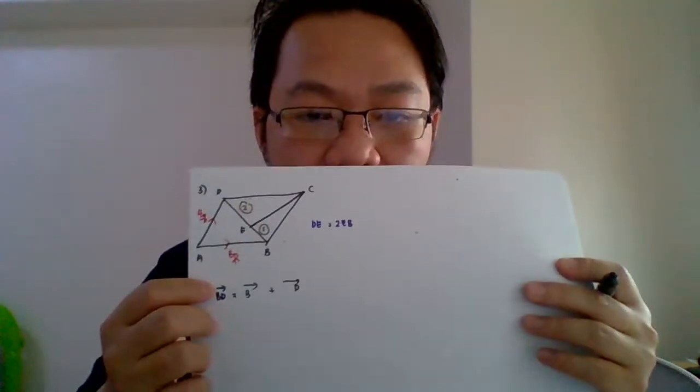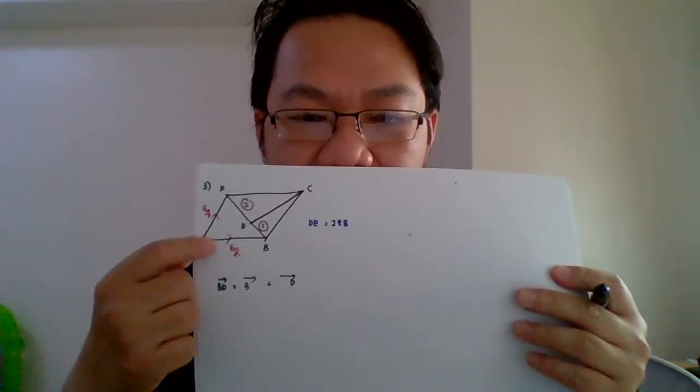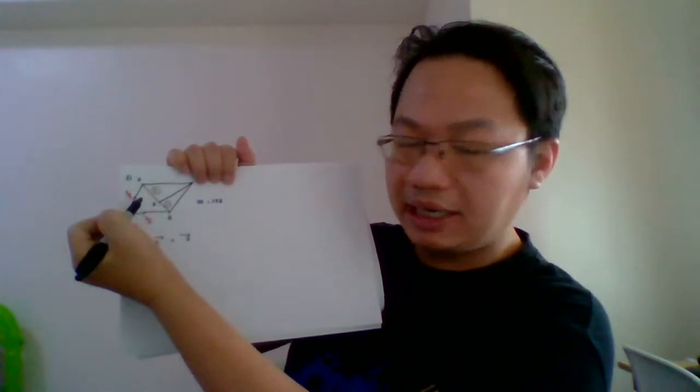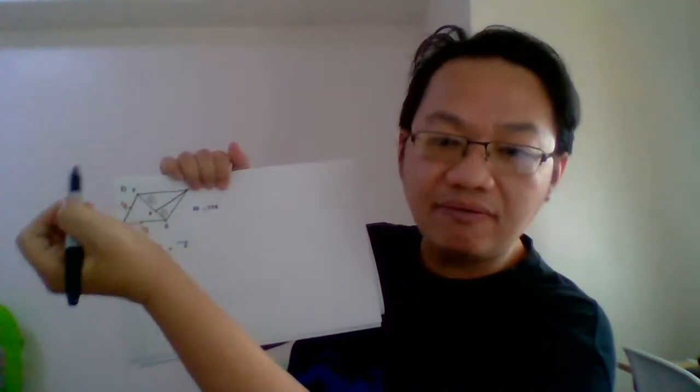So to find BD, we must start with B and end with D, like this: BD equals B something plus something D. Now look at your diagram. BD actually equals BA plus AD. Very straightforward.